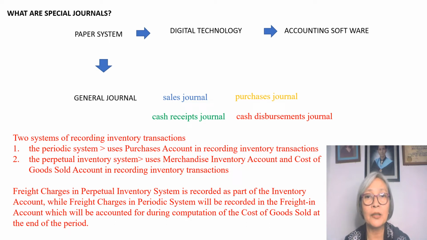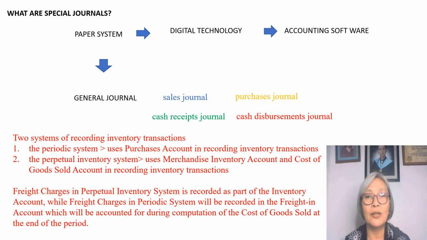For example, credit sales, credit purchases, receipts of cash, and disbursement of cash. We would enter these four types of transactions into their own journals respectively, rather than in the general journal. Thus, in addition to the general journal, we have the sales journal, cash receipts journal, purchases journal, and cash disbursement journal.